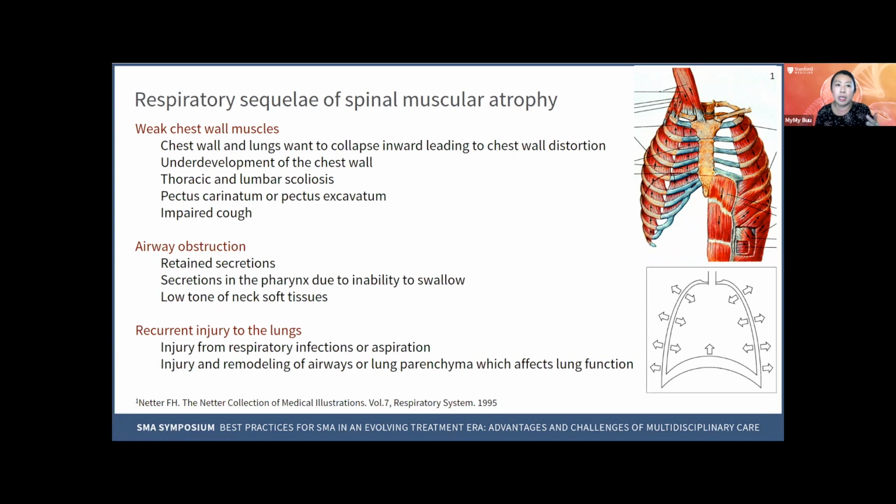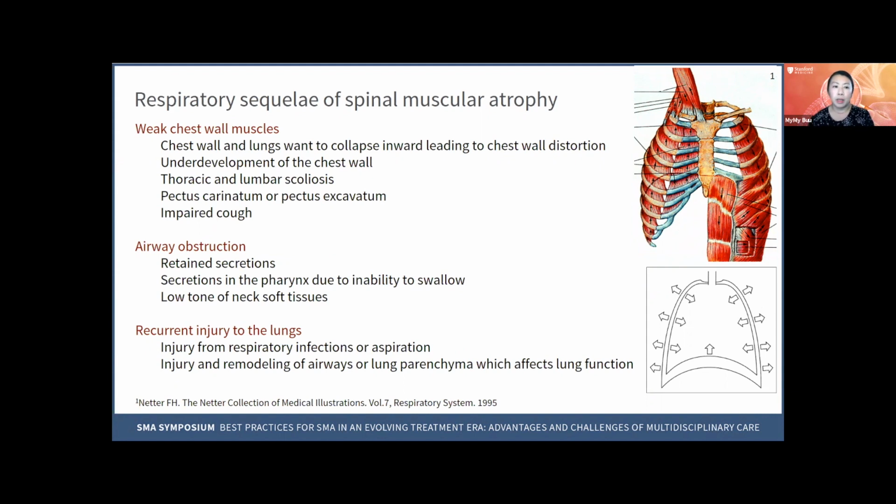So it leads to chest wall distortion and then the classic phenotype seen in non-sitters in SMA, which is a bell-shaped chest. The weak chest wall also leads to underdevelopment of the chest wall itself, and then over time can lead to thoracic and lumbar scoliosis, and pectus, which is sternal malformations, pectus carinatum or pectus excavatum.